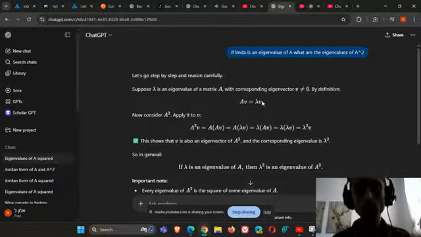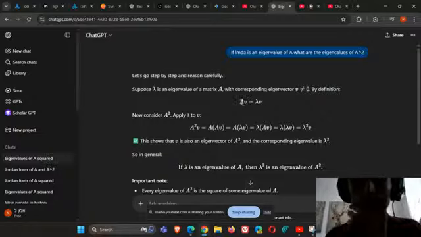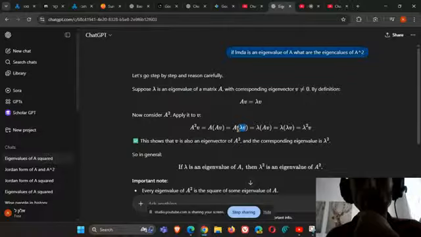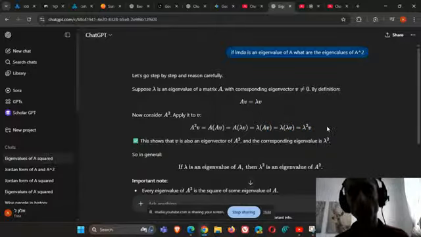Now, when we square and look at A squared v, we can write it as A A v. Now, Av we can write as lambda v, so we are writing here A lambda v. Now, this lambda we can take out, it is a scalar, so we can write this. Now Av again is lambda v, so we can write this. So we get lambda squared v.